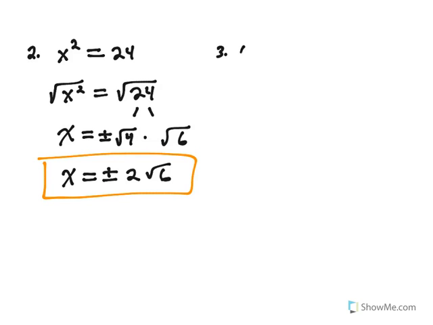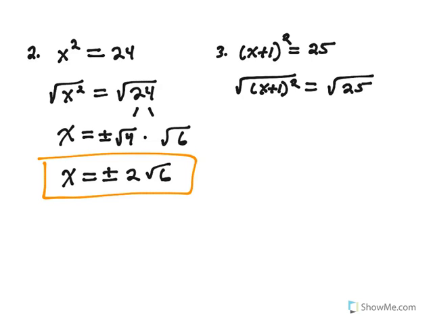Another example. Same thing applies here. We're going to take the square root on both sides. And when we do that, this falls under the radical. Square root of 25 is plus or minus 5.